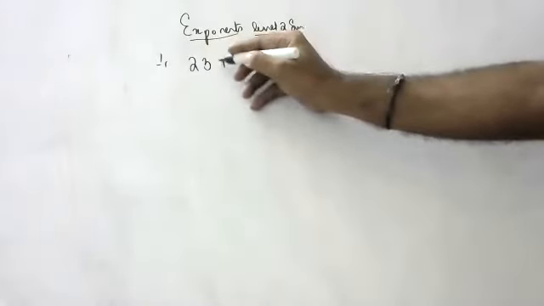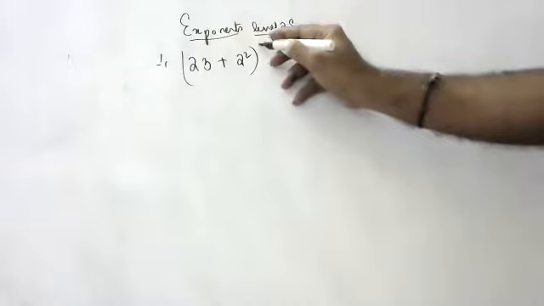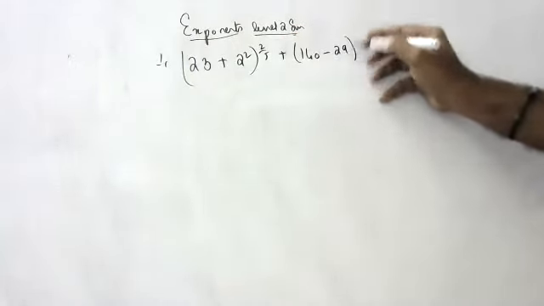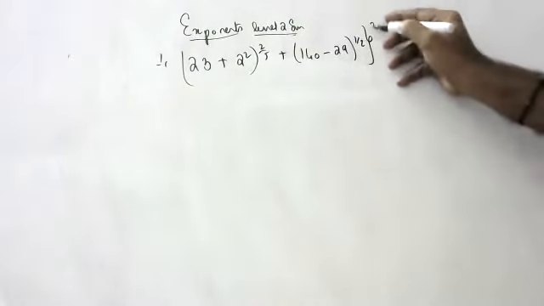(23 + 2^2)^(2/5) + (140 − 29)^(1/2) whole square. Okay, children, it is 23 only. 2 square is how much? 4, sir. So 4 whole to the power of 2 by 5 plus 140 minus 29.